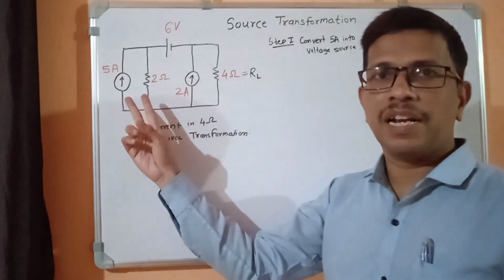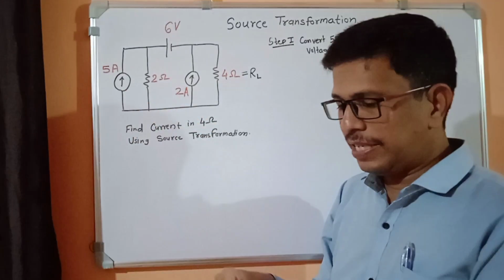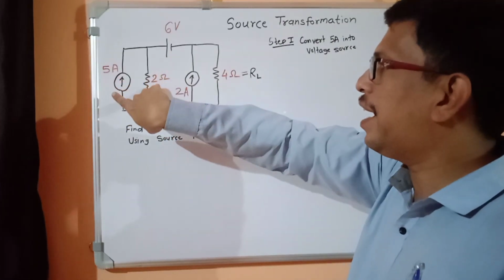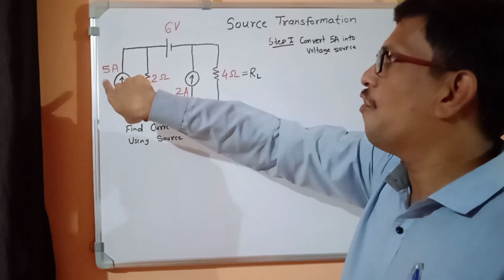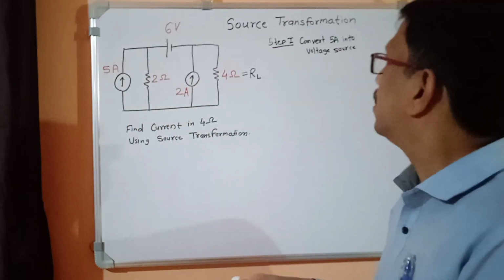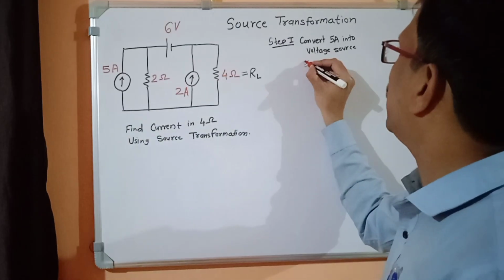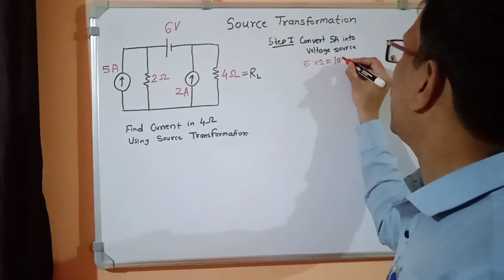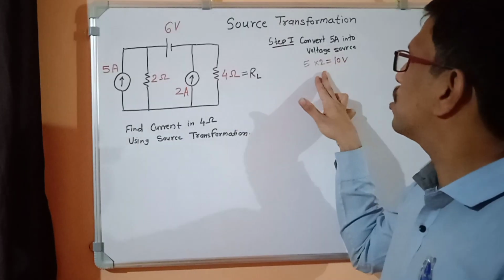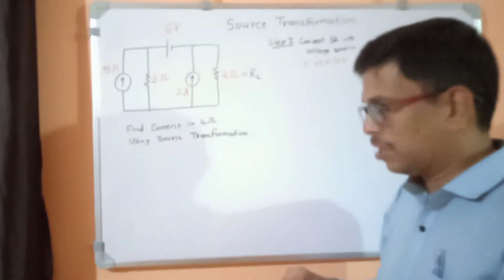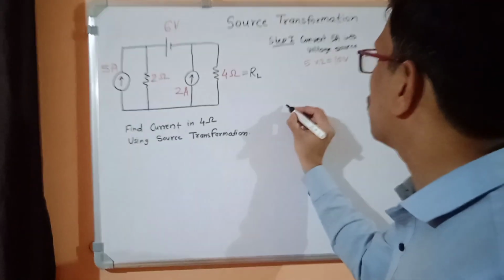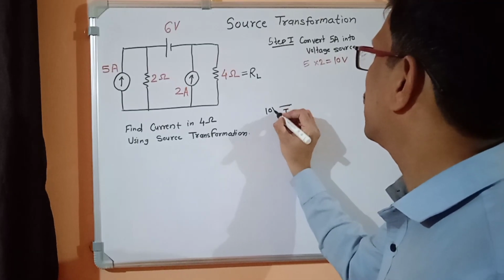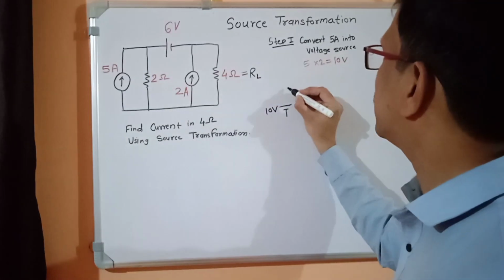As discussed earlier, we have 5 ampere and 2 ohm, so we get a voltage of 5 into 2, that is 10 volt. So in the new diagram we will show 10 volt in series with the same resistor, 2 ohm.